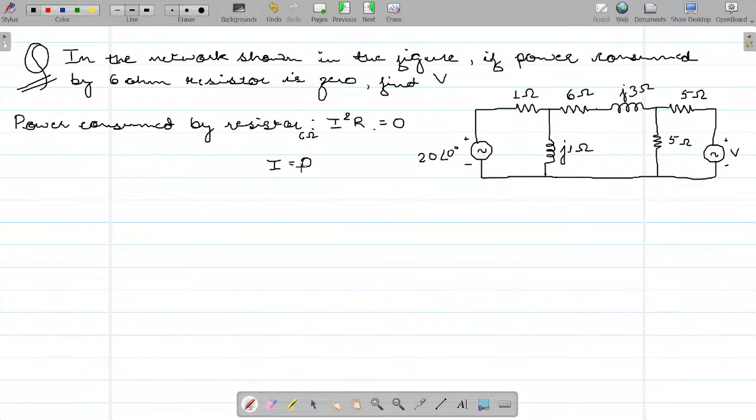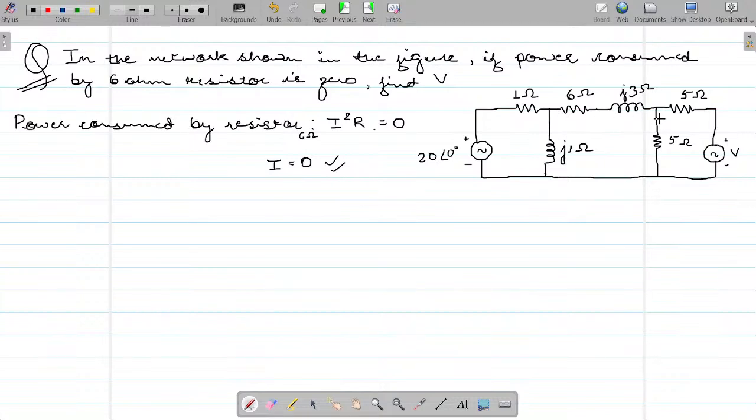Now tell me, how can a network which is connected, not an open circuit but a closed circuit, have no current flowing in this branch? Because there is no current flowing in the 6 ohm branch, we have deduced that from what was given.